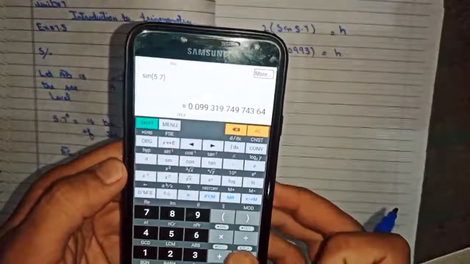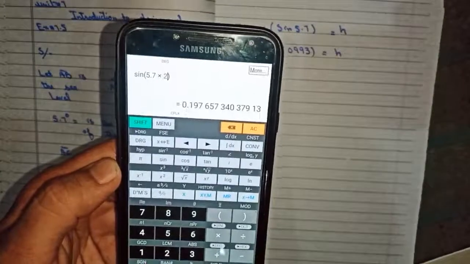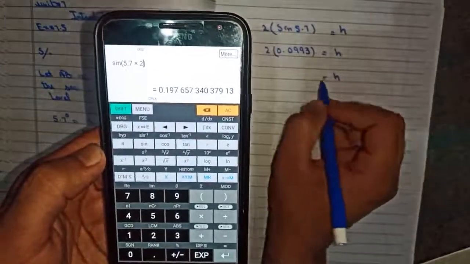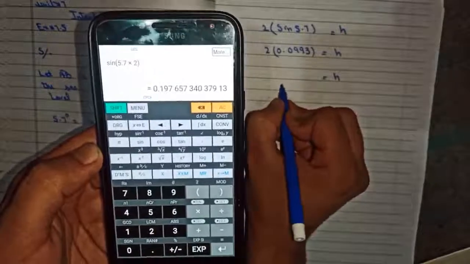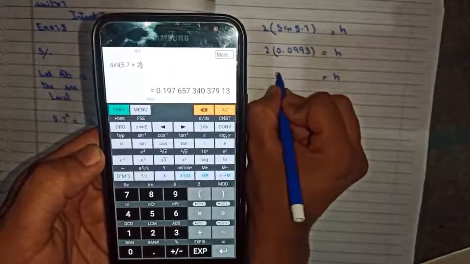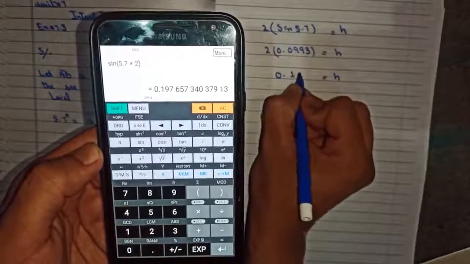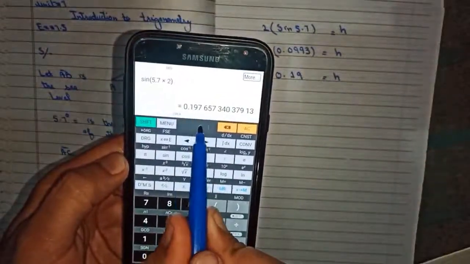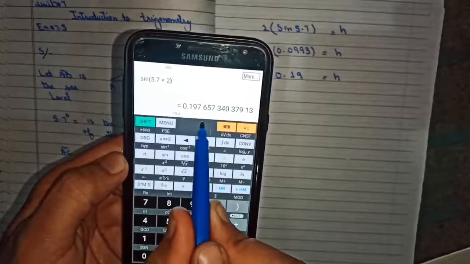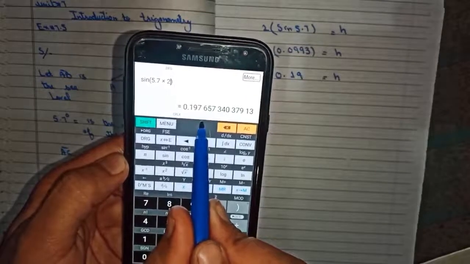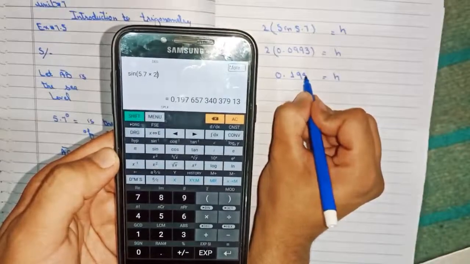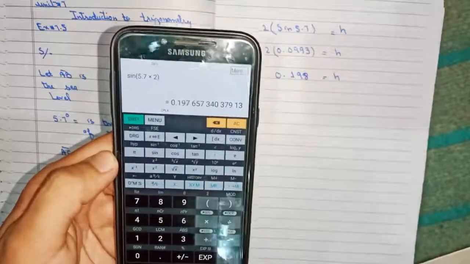Multiply this result by 2. The height will be 0.19, rounding that off. Right behind the 7 you may see the number 6. Greater than 5 means we can round it up. It will be 0.198.